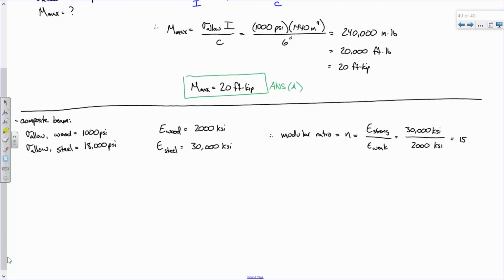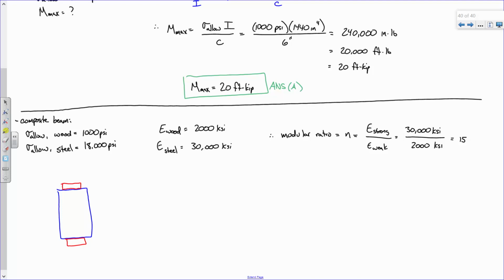All right, so here's our beam, right? We have a wooden beam, and it has 2 steel plates on the top and bottom, okay? Sound good? What we are going to do is transform that into a beam of a single material.